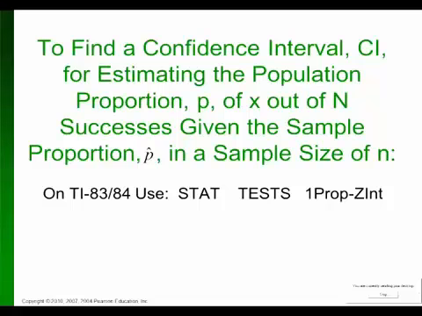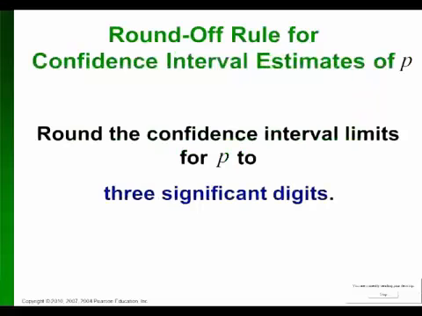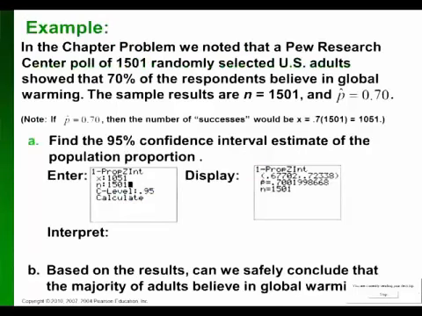All right, we'll worry about that in a minute. Here's a problem. A Pew Research poll of 1,501 randomly selected U.S. adults showed that 70% of the respondents believe in global warming. Now, that's the proportion of the sample who believe in global warming.